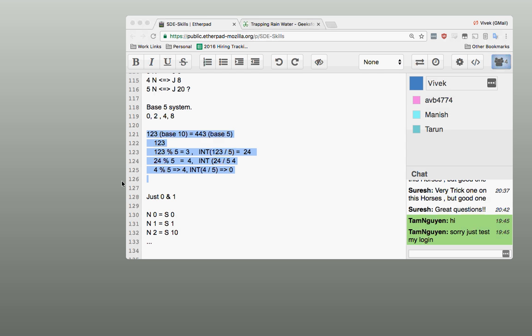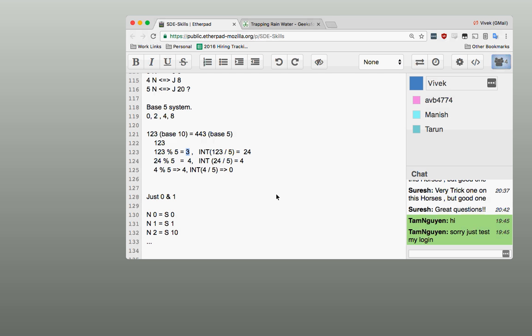So thank you, Manish, I think that's helpful. What we've done here is that the first line is: what is 123 in base 10? To convert it to base 5, first you mod 5. When you take the remainder after you divide by 5, you are left with 3, right?